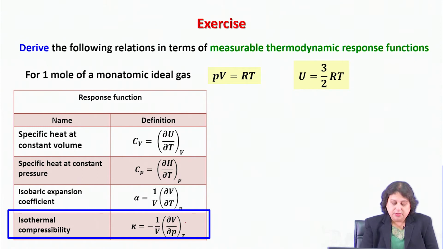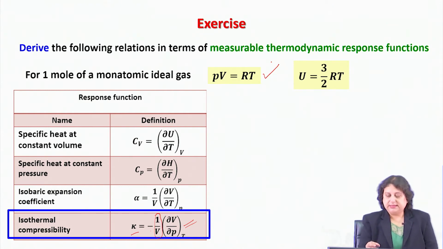I have to evaluate this partial derivative del V del P at constant T and then multiply it with this quantity 1 by V, add a negative sign, and the result would be my isothermal compressibility kappa. So once again, since I require some relationship between volume, pressure and temperature, where do I start from? I would start from the ideal gas equation of state.